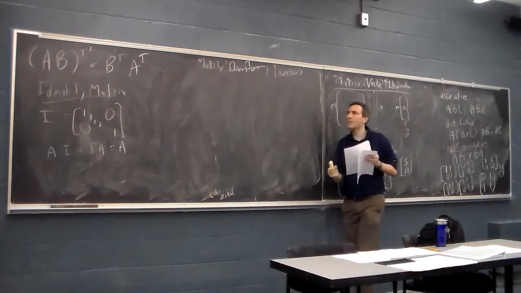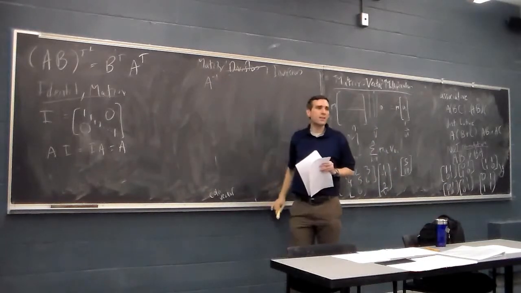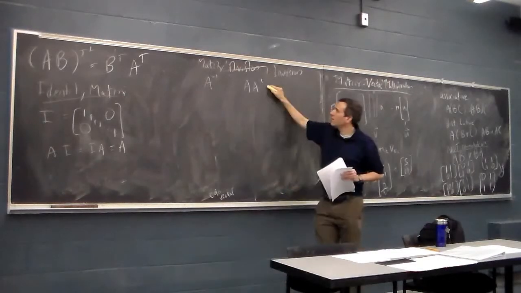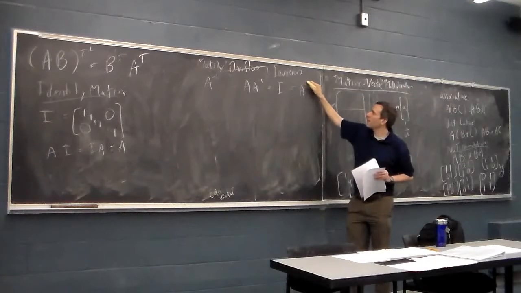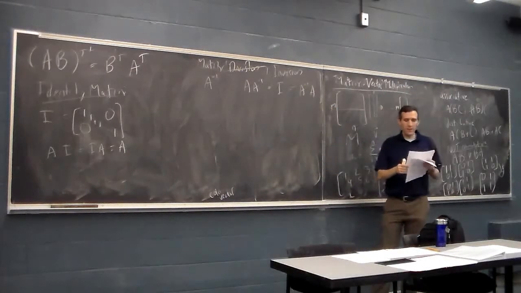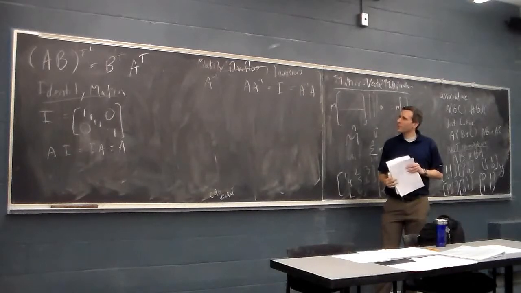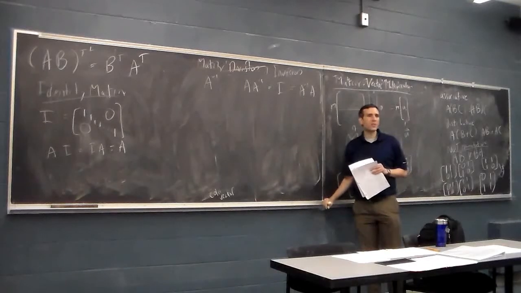So if you have a matrix A, we would denote the inverse of A as A inverse, and A times A inverse is equal to the identity matrix, which is also equal to A inverse times A. All right, so you can sort of think of the inverse as giving you something kind of equivalent to division.